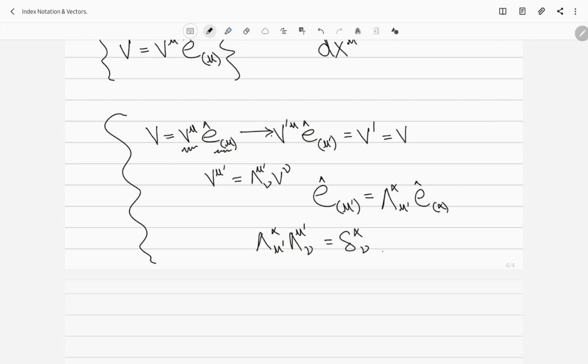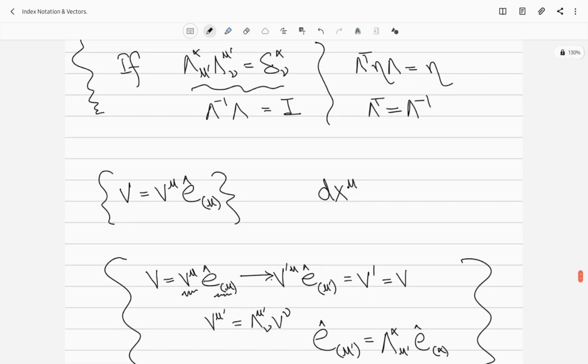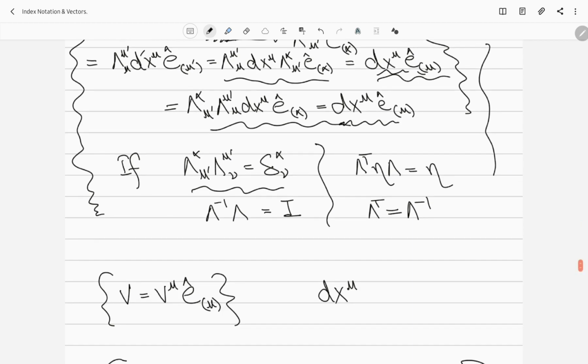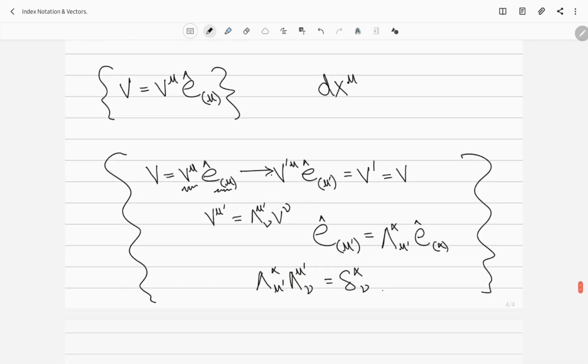So here we have the transformation law for vector components as well as the basis vectors. I have written all of this down over there again, neatly. So again, this is the transformation law for vector components and basis vectors.